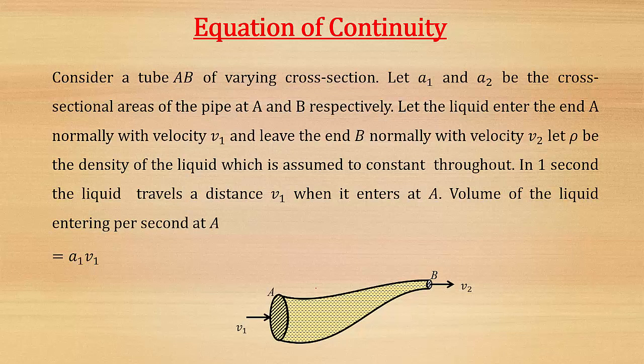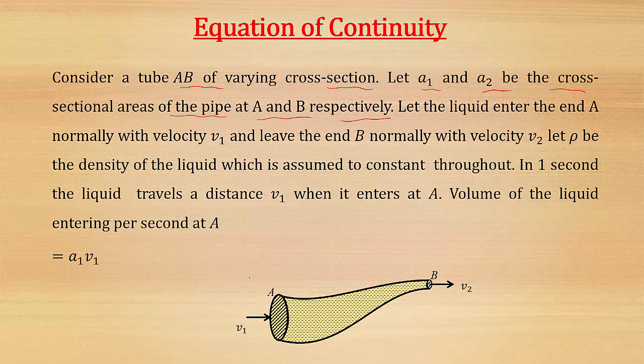Then the next part is about the equation of continuity. Here I am going to consider a tube AB of varying cross section, so the cross section is not uniform. Let A1 and A2 be the cross sectional areas of the pipe at A and B respectively.